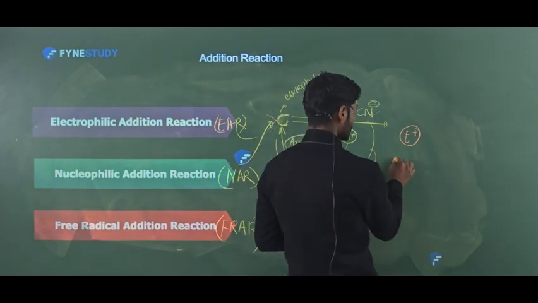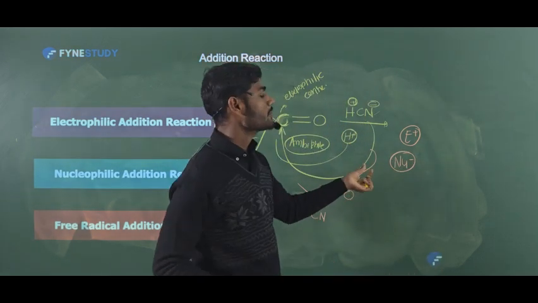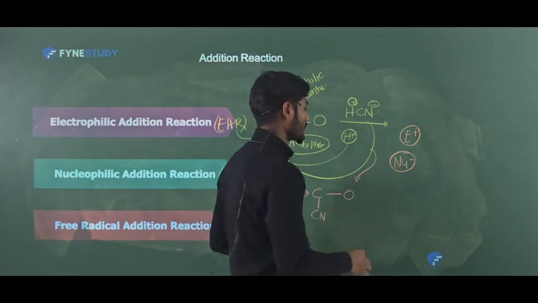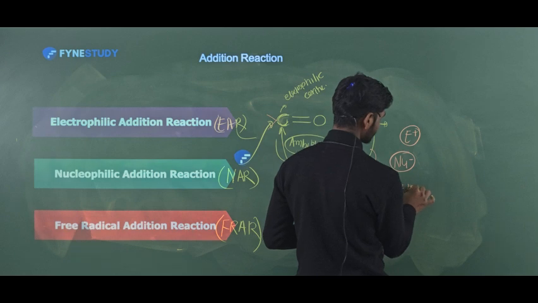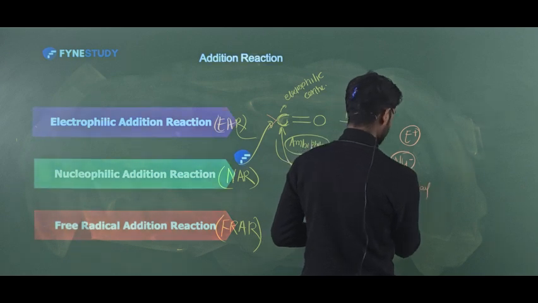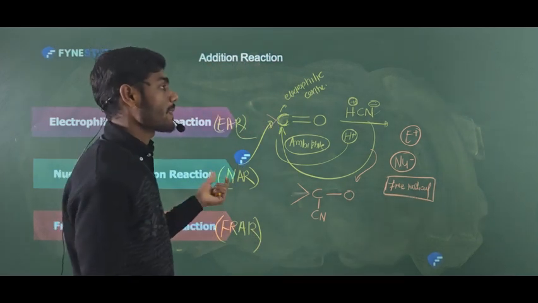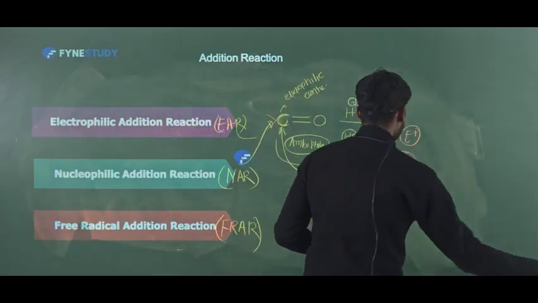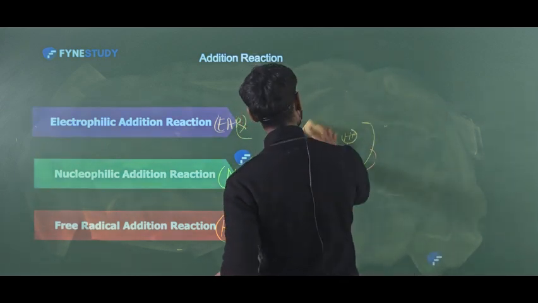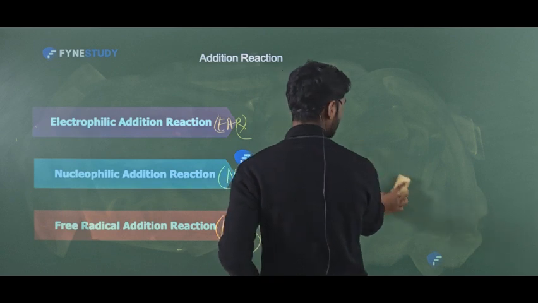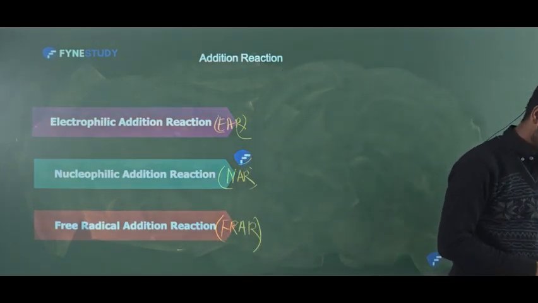Same thing in case of nucleophilic addition reaction, you have to identify the electrophilic center. And next is free radical. In case of free radical, it will approach the multiple bonds. The multiple bond will break as a homolytic cleavage, and it will give free radicals, and then the free radical parts will approach each other and form the bonds.